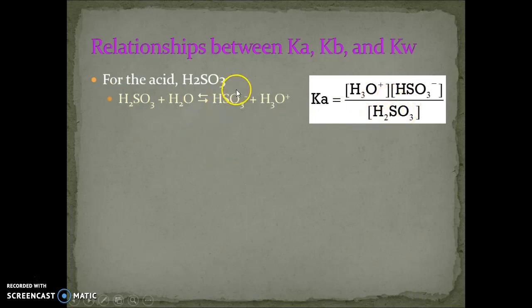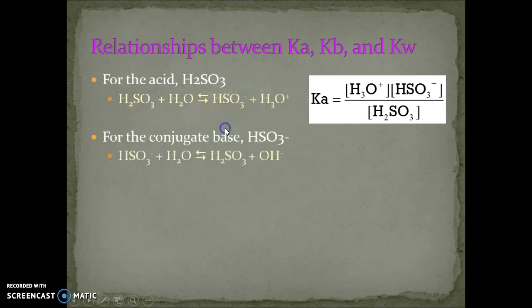Now, for the Kb of this conjugate, so this guy accepting an H+. The acid loses, the base accepts. So this guy accepting an H+, here's the reaction that's going to take place in that case. You've got HSO3- combining with a water molecule to give you H2SO3, so you're going back to this guy, and you would have OH- ions around.